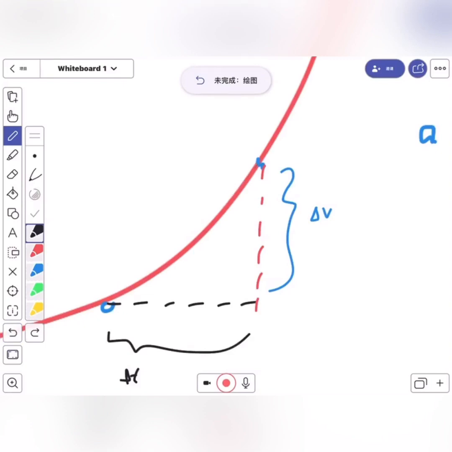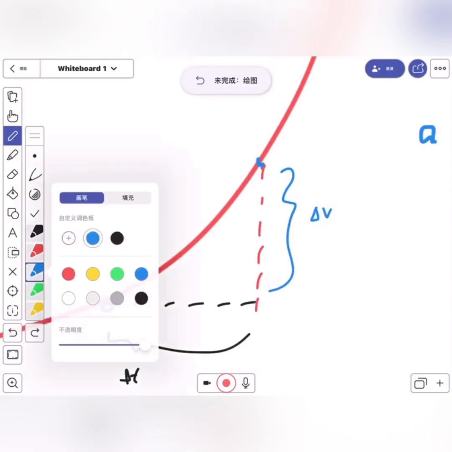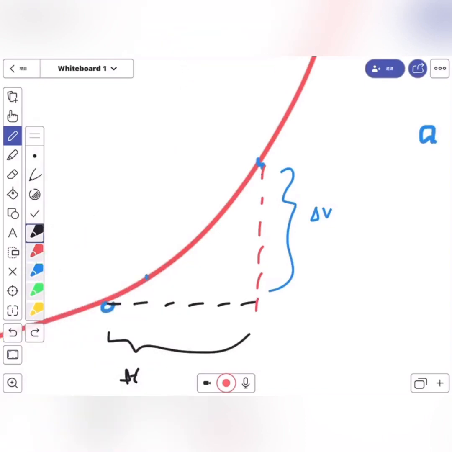As we move this closer and closer, like here, which is definitely closer than this point, then when we connect these two, this seems pretty close to the actual derivative line. And if we move it even closer, just a tiny bit away from our target point, this will literally be almost the tangent line.